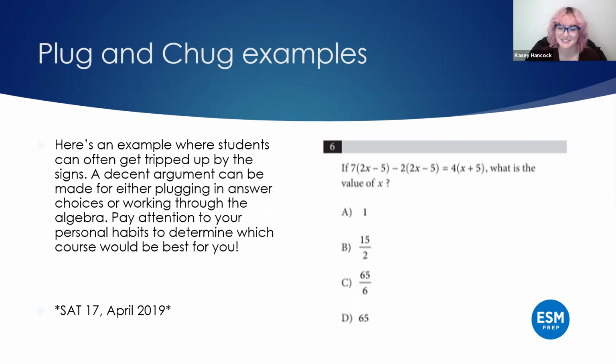I never lose a negative sign when I distribute. I'm good with this one. Or sometimes I am forgetting to multiply my negative sign through and make little mistakes. So maybe I'm going to plug and chug, or I'll check my answer with plug and chug, which I always recommend if you have the time. Do both ways. Okay, so let's algebra through this one first.